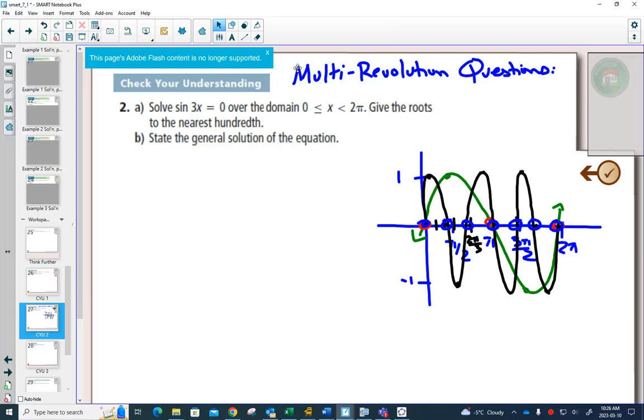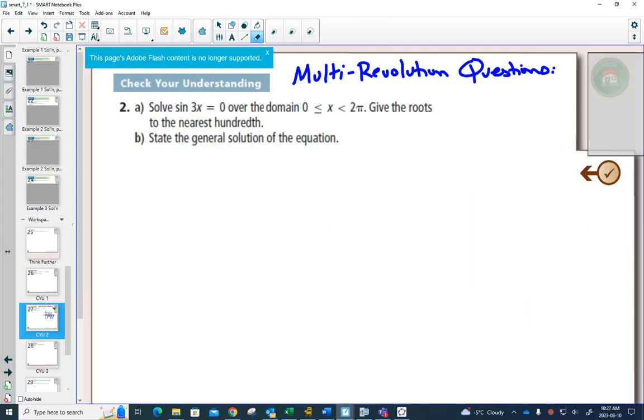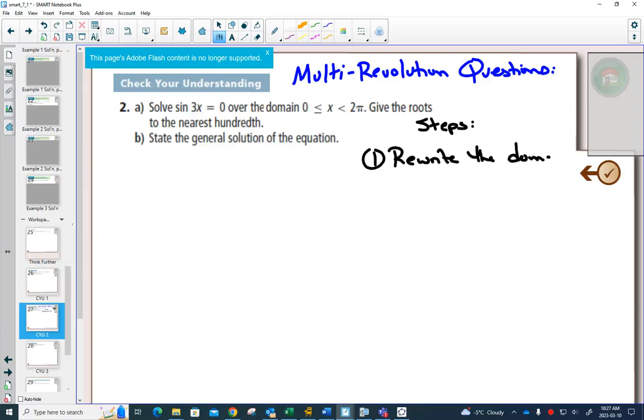How are we going to solve these multi-revolution questions? Here are the steps. Multi-revolution question steps. Step number 1. Okay, we are going to rewrite the domain for "3x", and I'm putting the 3x in quotation marks because we have 3x in our equation.